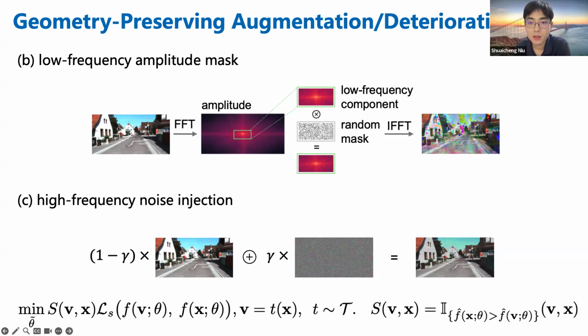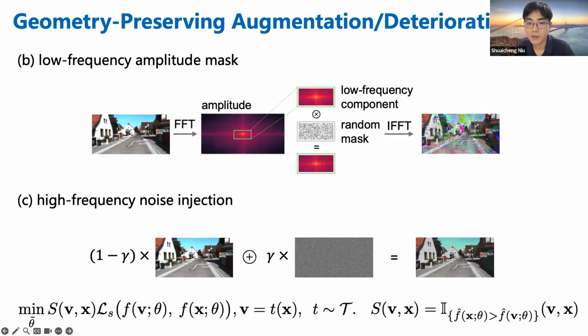So with the defined two augmentations, the overall optimization problem is given as this formulation, where RS is the similarity loss and SVX is an active selection strategy. This SVX is introduced to ensure reliable learning signals.